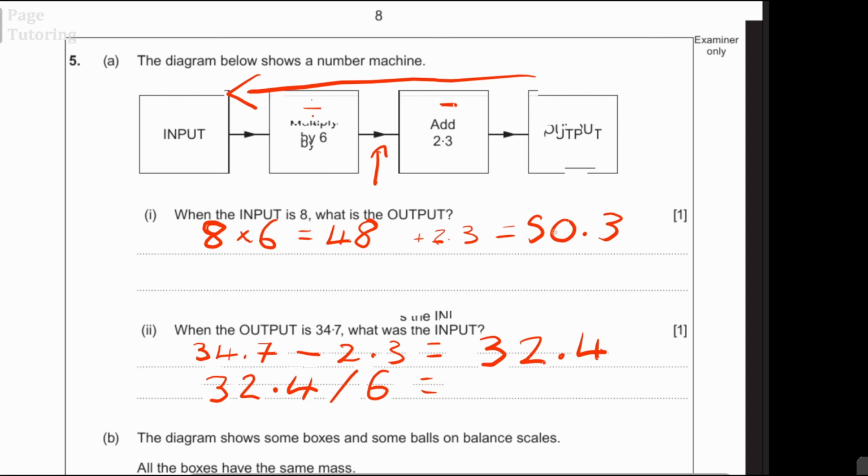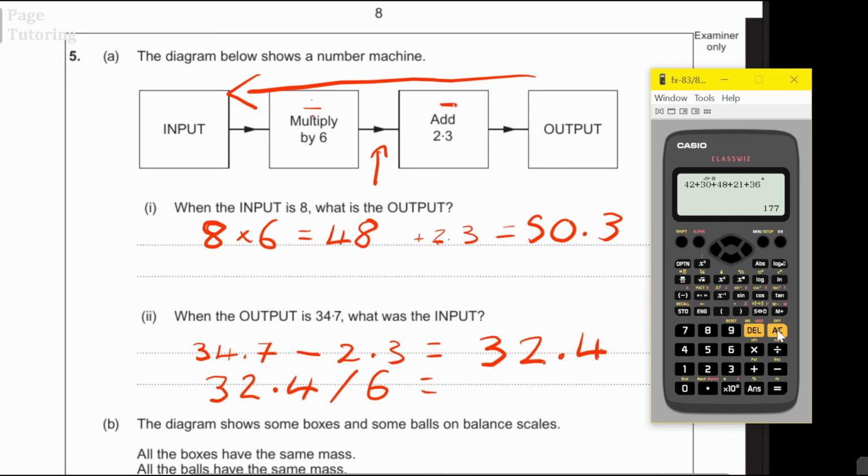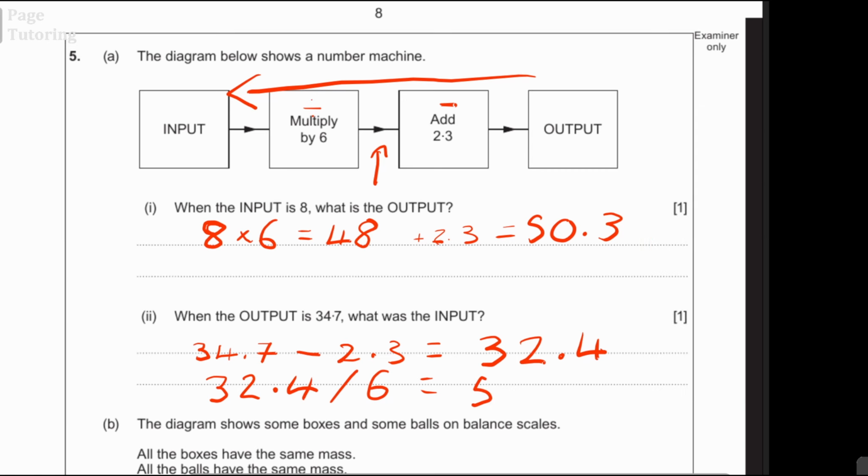Now I can't do that in my head, so I'm going to get the calculator out and put 32.4 divided by 6. Change the format, so I've got 5.4. I'm going to circle it so the examiner knows that that's the answer that I'm putting.